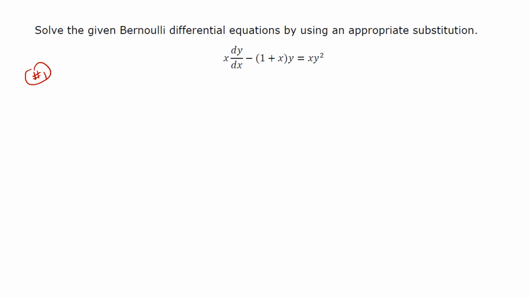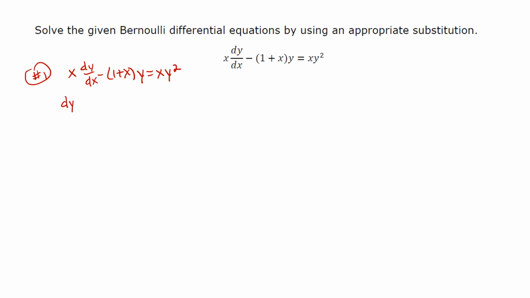So our equation, x times dy dx minus 1 plus x times y equals xy squared. We are going to divide by x in order to isolate the dy dx by itself. So we'll divide everything by x.